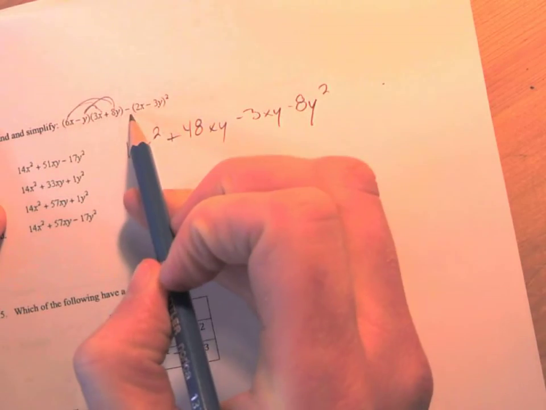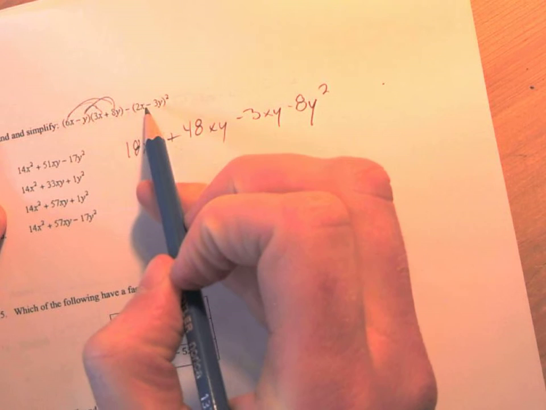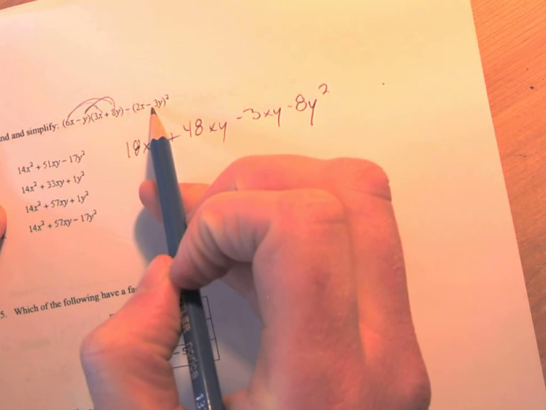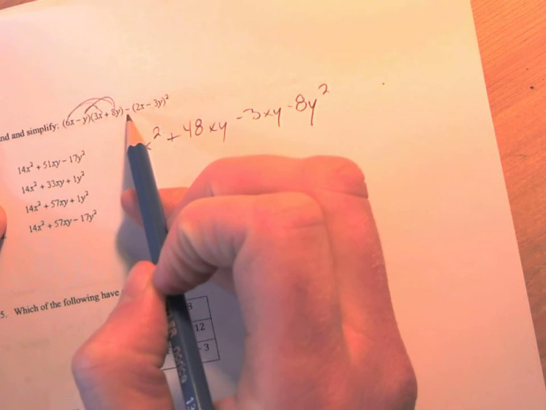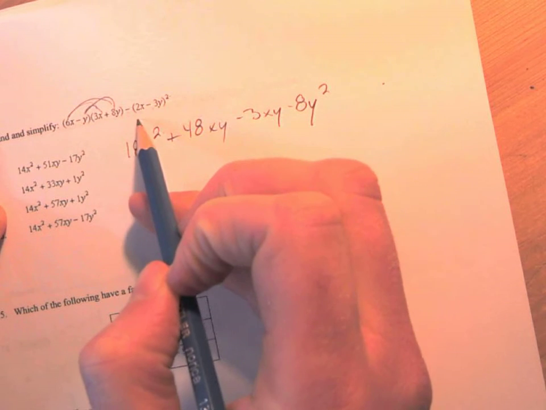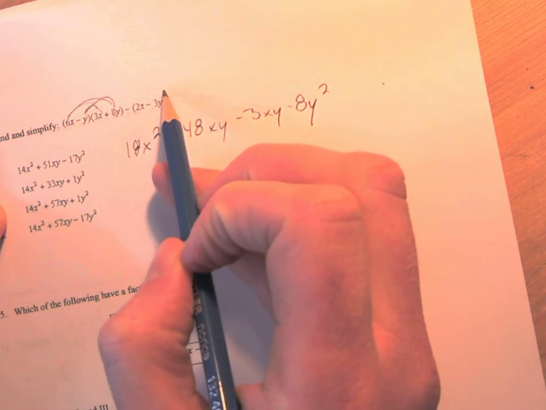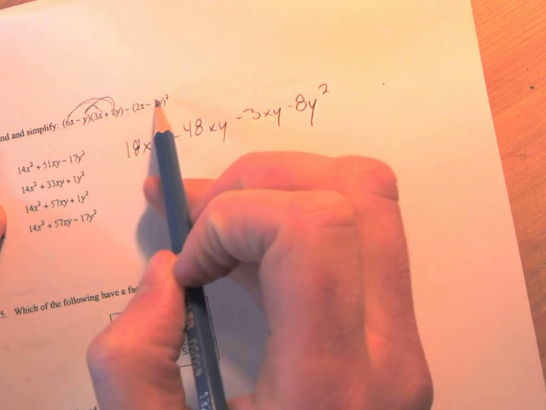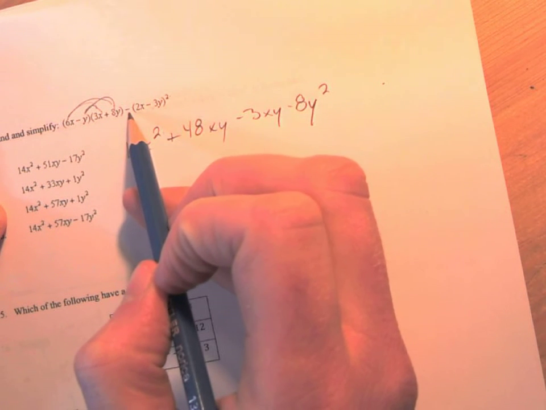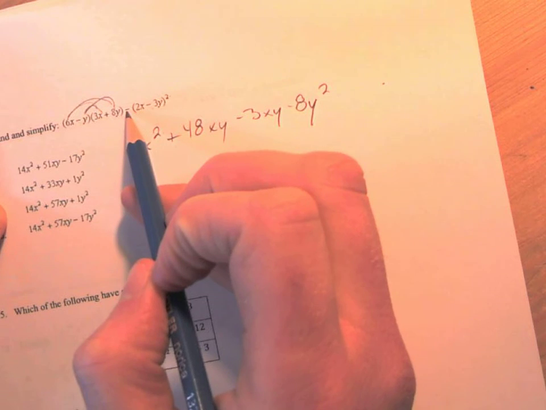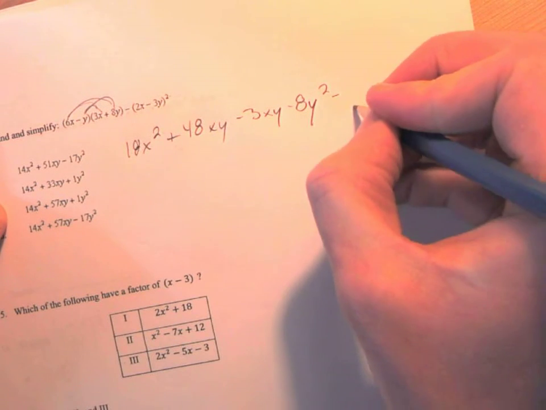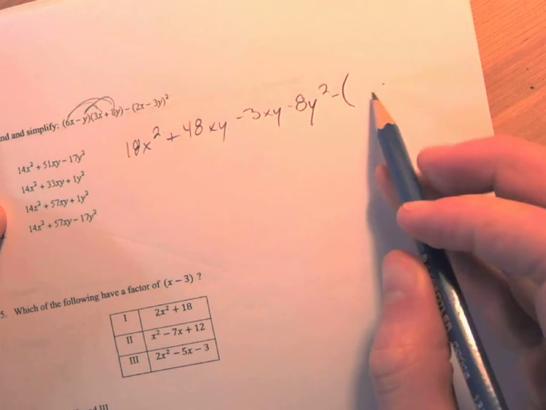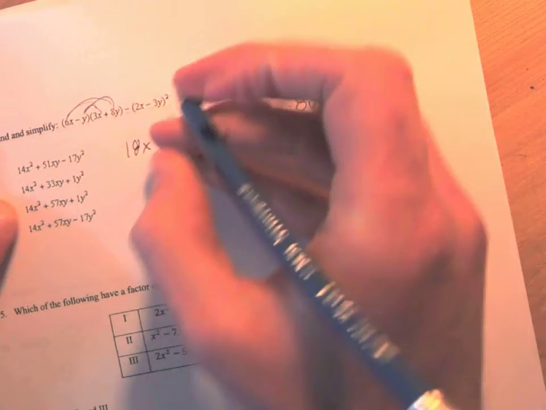And then this one's tricky. It has a negative sign out the front of this, which is a binomial squared. So you'd have to write this out twice. I'm not going to distribute this negative sign in yet. I'm going to do this squared. I'm going to deal with that first. So that means I need to write my answer in brackets, because I got to remember to do that negative distribution at the end. So I'm going to do a negative sign and then put a bracket. That's very important. So now we go.